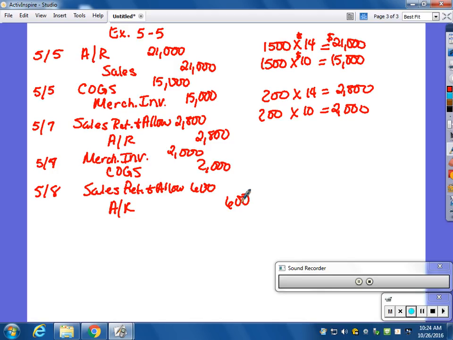And then 40 are returned back to our inventory. A lot going on. So this is how it went. There were 100 units. They were all the wrong color, right? The customer was able to keep 60 of them. And then we also extended a credit for $120. And they gave us back 40 of them to put back in our inventory.